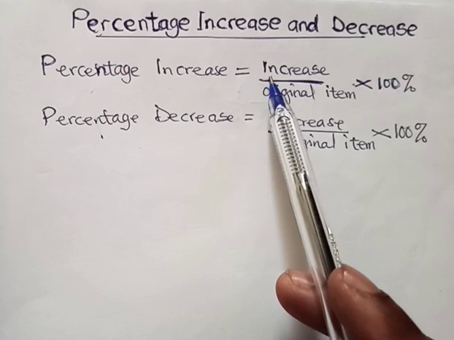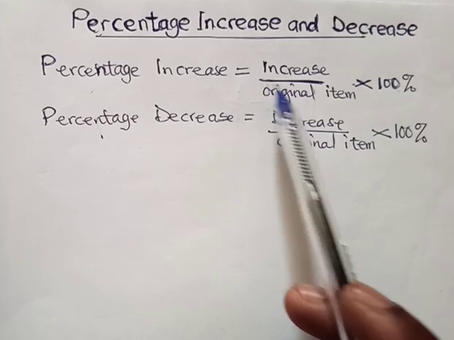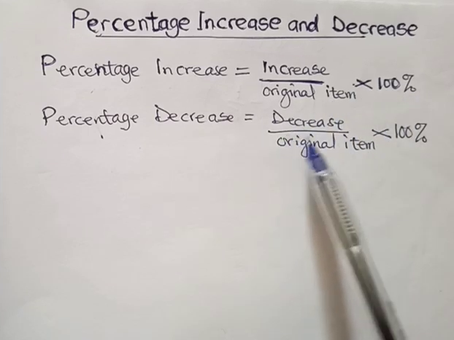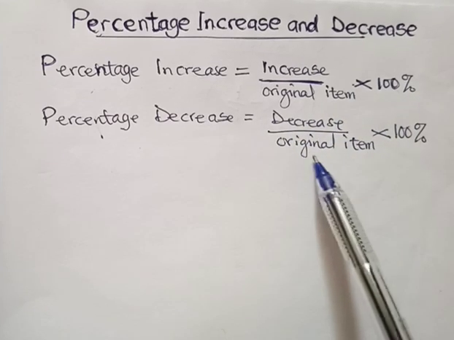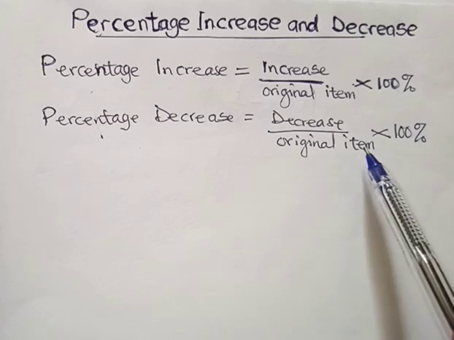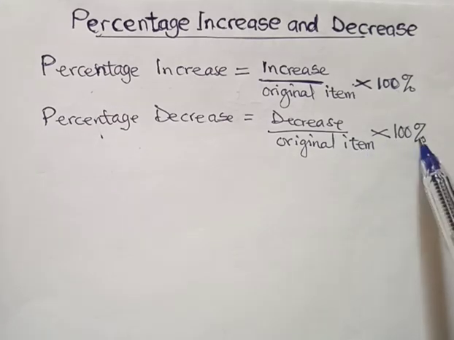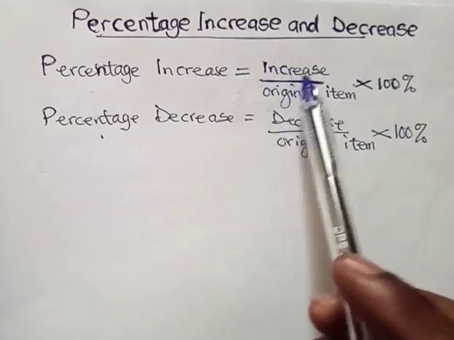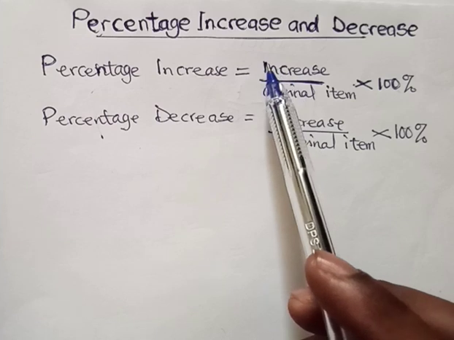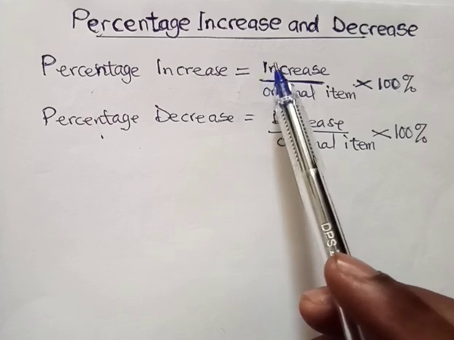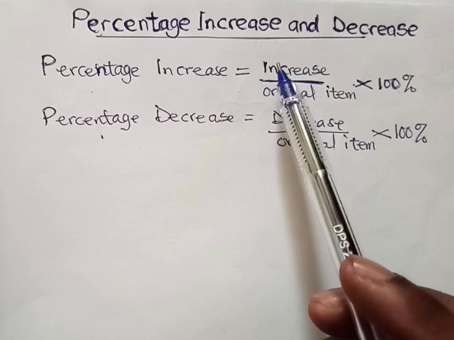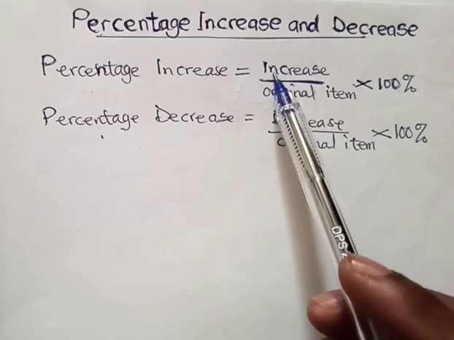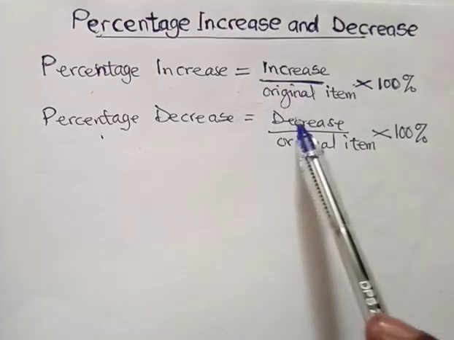For the increase, you're going to have the increase over the original item times 100%, and for the decrease, the decrease over the original value or the original item times 100%. Now the increase, how do you find the increase? We are looking at the difference, how many points have been added. Have we gotten that? That is the difference.